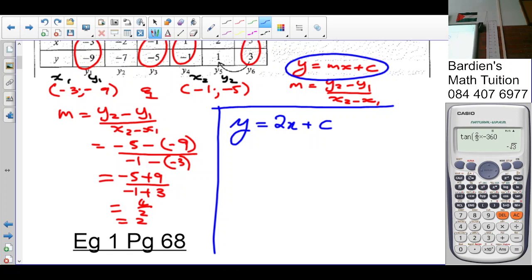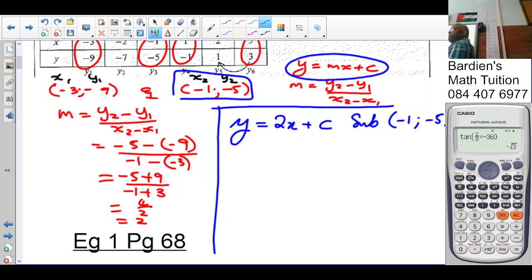So what we do is we're going to substitute one of the 2 points I've used. Let's substitute this one here. Let's substitute -1 and -1. In coordinate form, that is an x and a y.